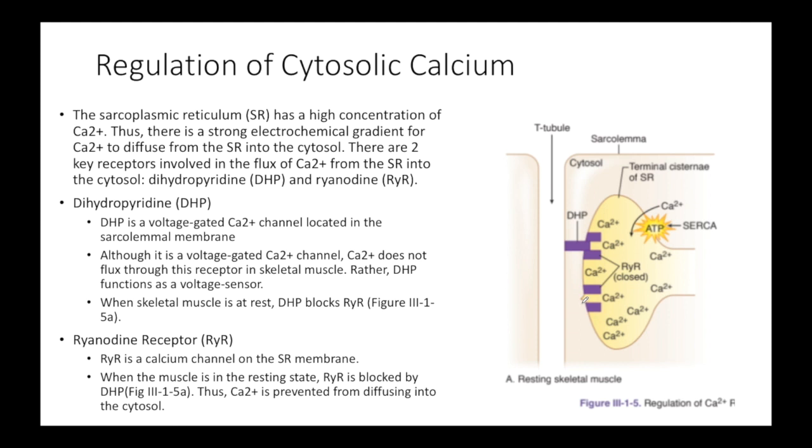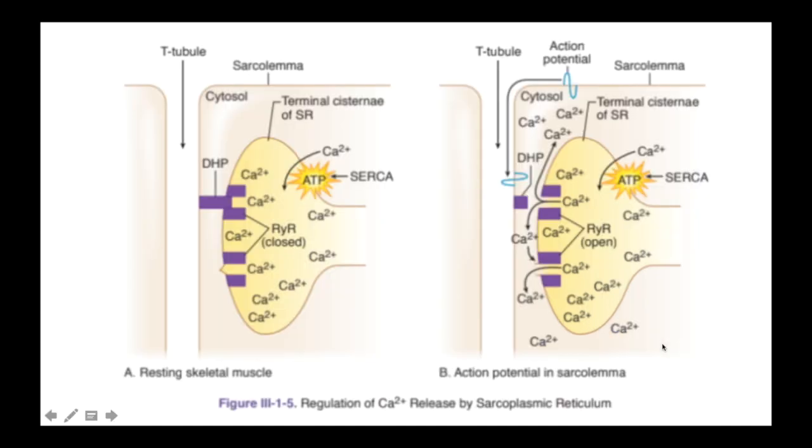So when the muscle is at rest, these ryanodine receptors are blocked by our dihydropyridines, as you can see here. So calcium cannot leave out into the cytosol. This can't happen. Make sense?